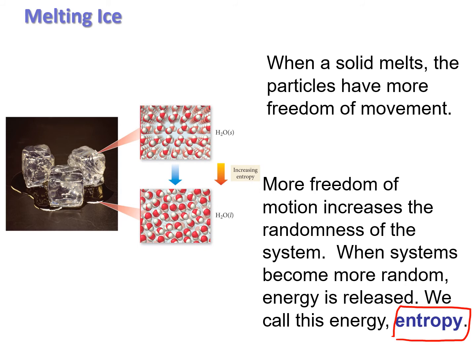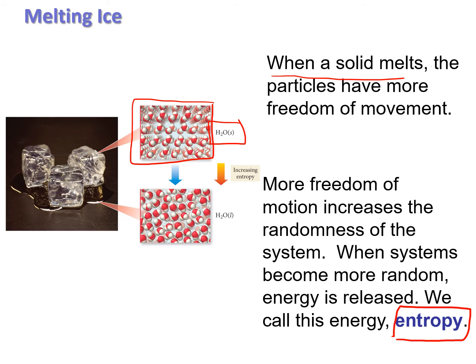So when a solid melts, for example, ice, think of ice, you're starting off with the molecules being kind of very rigid, stacked on each other. Think of them like that. Versus whenever they melt, they can move around. Remember, liquids have the ability to flow, and that has to do with the fact that the molecules are able to move around.